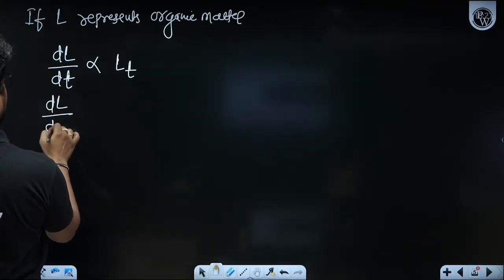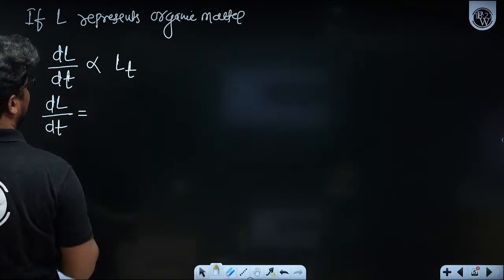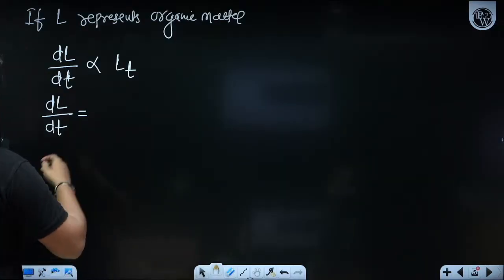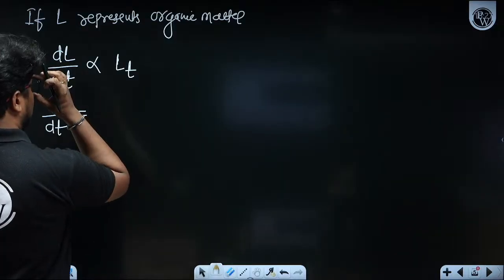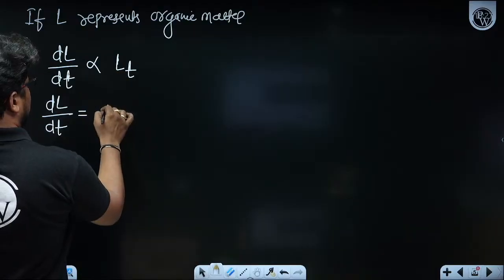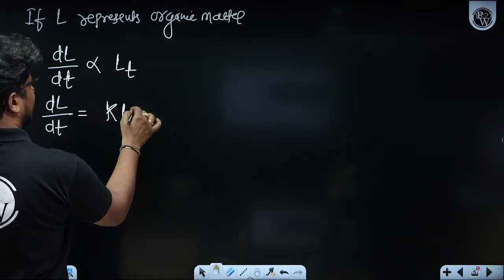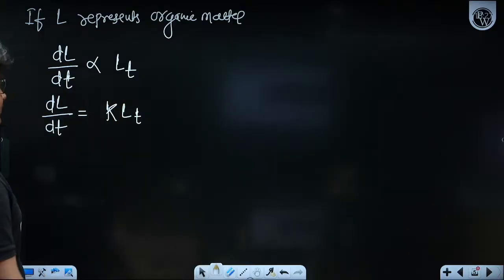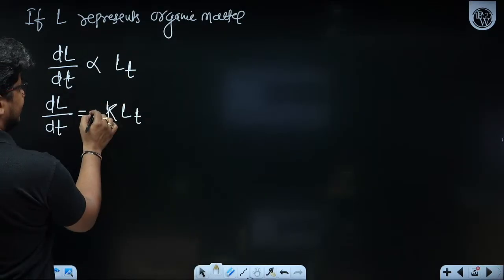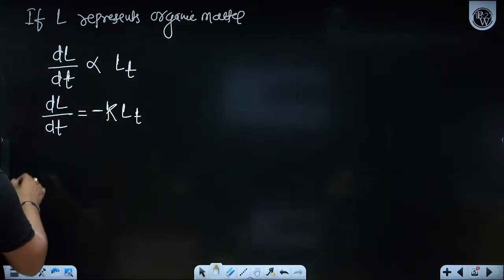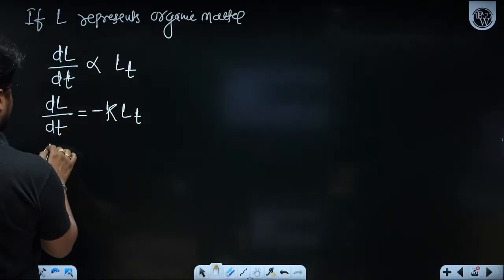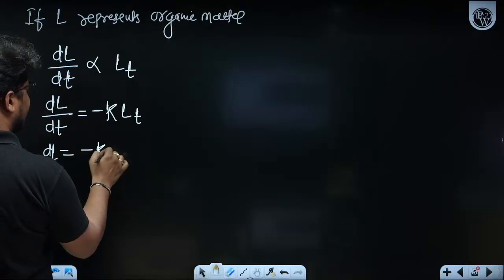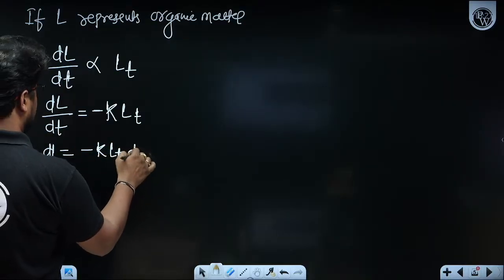So dL/dt I can write as minus K into Lt. I'm using a constant K, which tells you the decay constant basically. It is a decreasing rate, so I'm using minus. If you put dt on that side, it will be K into dt.